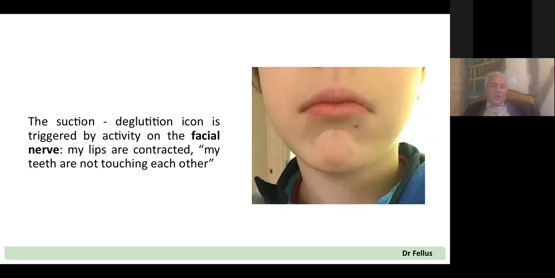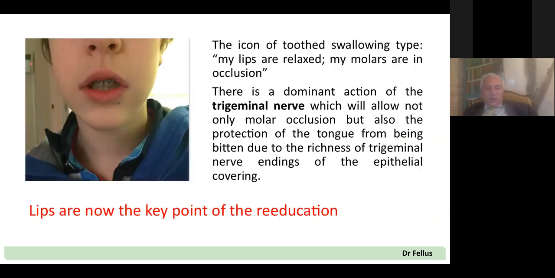The old icon for suction deglutition is triggered by the activity of the facial nerves: my lips are contracted, my teeth are not touching each other. The good icon for tooth swallowing is: my lips are relaxed, my molars are in occlusion.